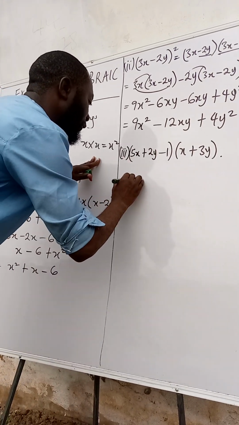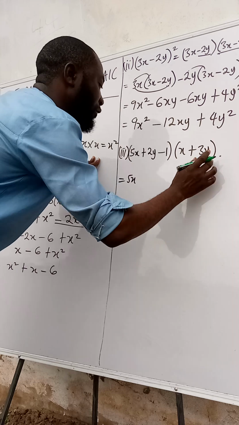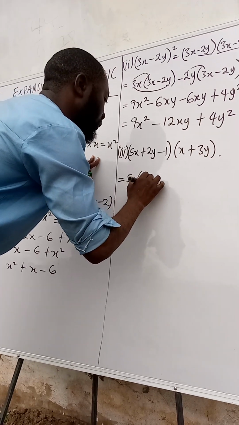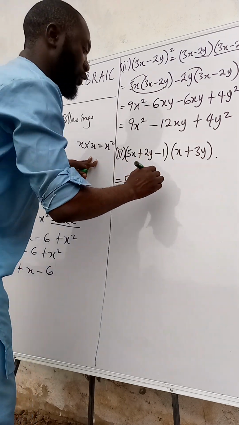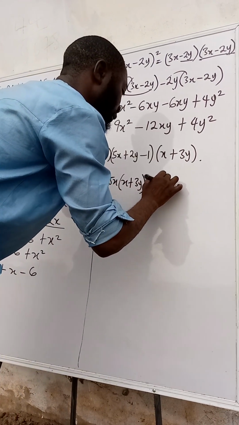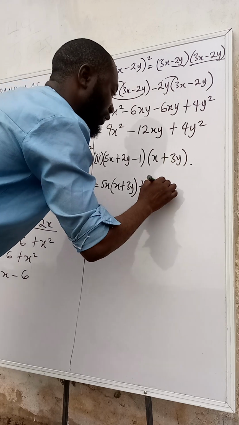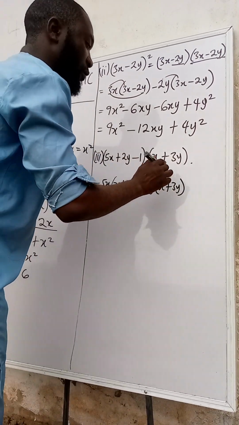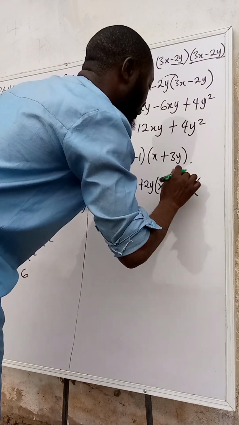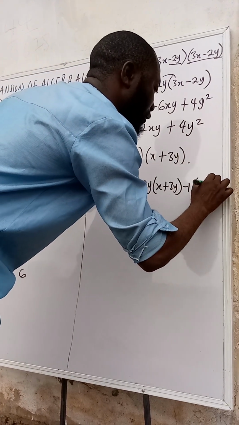So now we have 5x multiplied by everything here. I will put x plus 3y in bracket. You do the same with plus 2y, you put everything in bracket again, x plus 3y. Then minus 1 multiplied by what? x plus 3y.